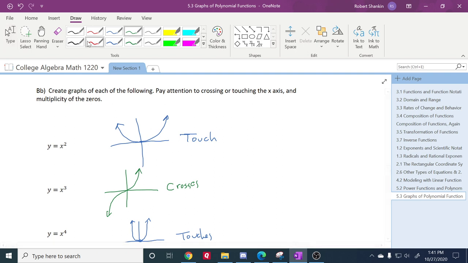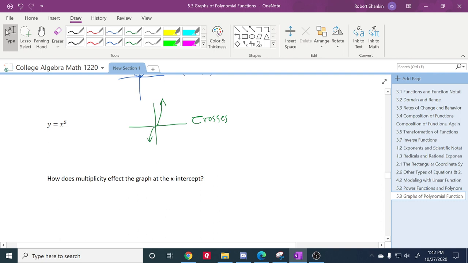Let's go back to these. y equals x squared: 0 is an x-intercept of this, and its multiplicity is 2. 0 is an x-intercept of x cubed, and its multiplicity is 3, and so on. So the question is, how does multiplicity affect the graph at the x-intercept?